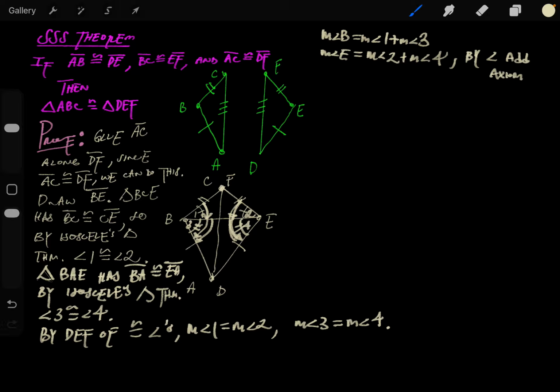Now, we substitute into one of these two equations, and it won't matter which one. Instead of writing the measure of angle 1, the measure of angle 1 is the same thing as the measure of angle 2, and the measure of angle 3 is the same thing as the measure of angle 4. So then I could write it like this, by substitution.